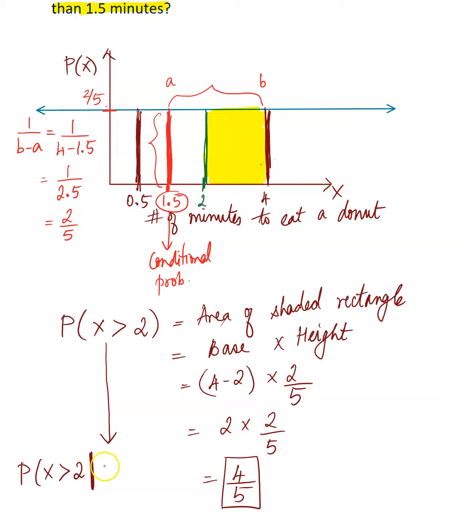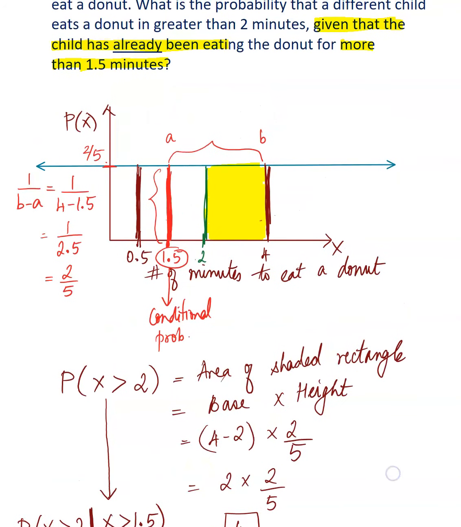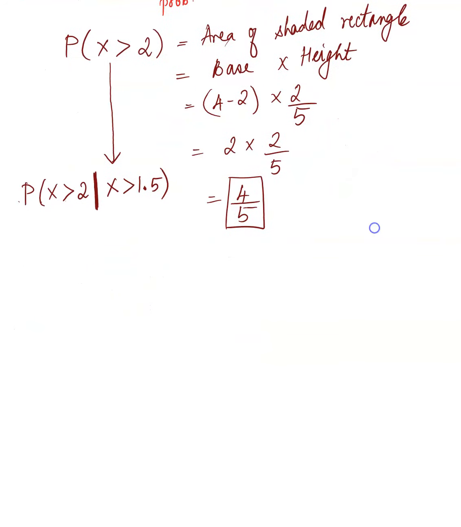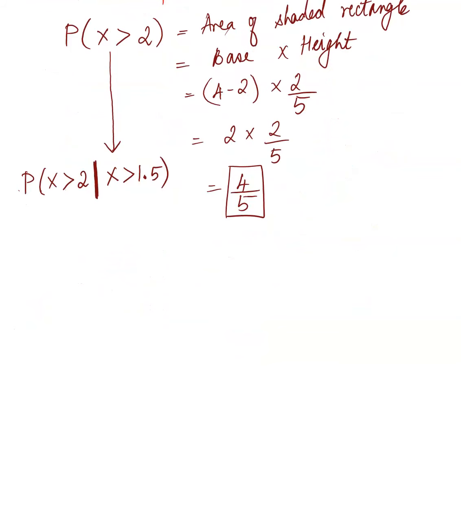The condition was that x was greater than 1.5, because the child had already been eating the donut for more than 1.5 minutes. So the probability of x greater than 2 given that x greater than 1.5 is 4 over 5. We had some explanation to do here. We'll do another problem and probably try to get through it quickly.